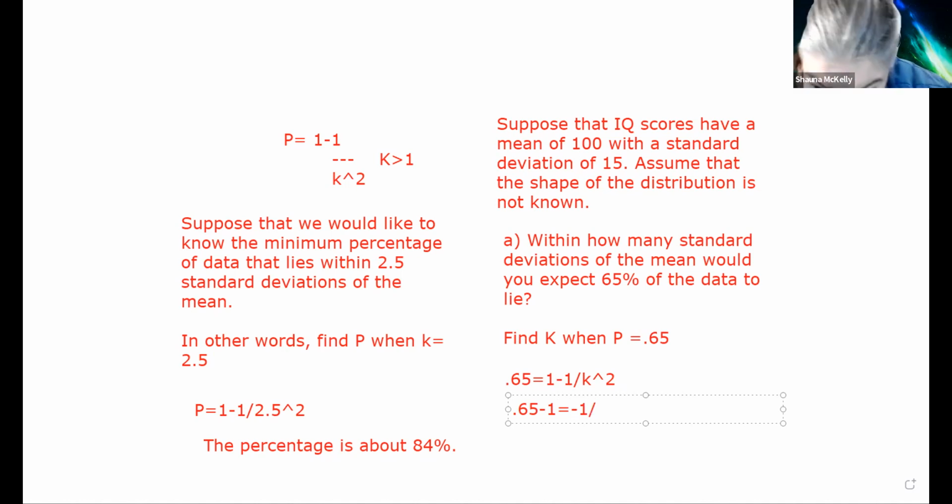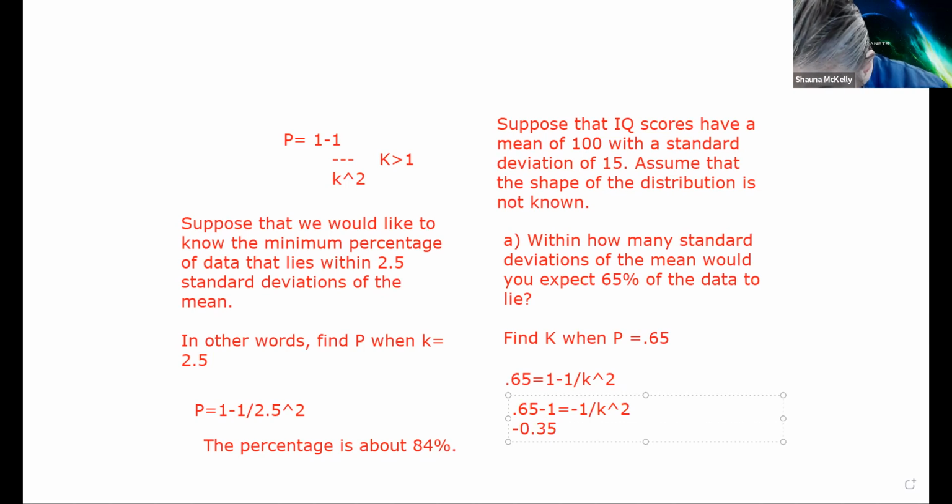Now, both sides of that are negative, but we're going to fix that in a second. 0.65 minus 1 is negative 0.35.